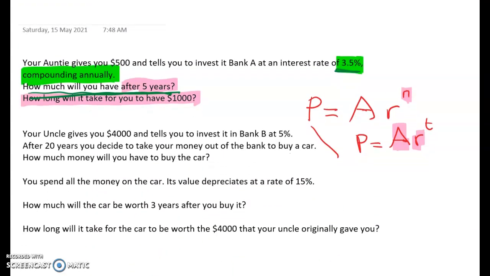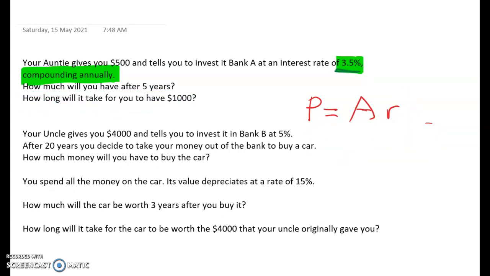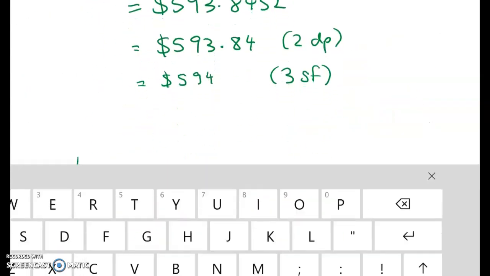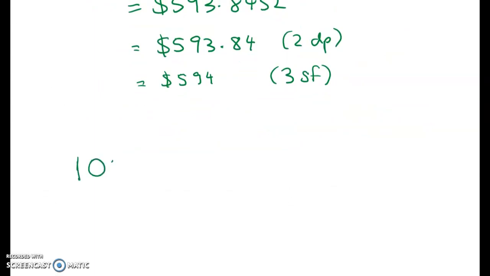The second part, how long will it take you to have $1,000? So we're going to use the same formula, but this time what we're trying to solve for is the number of years. So we know this thing here, and this thing here. We're going to need to use logs. So on the left-hand side, we have $1,000. And on the right-hand side, we have this.